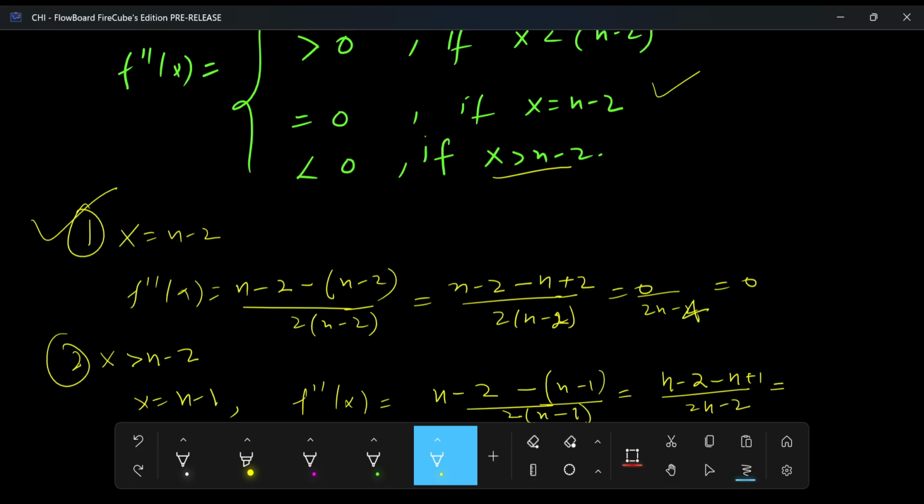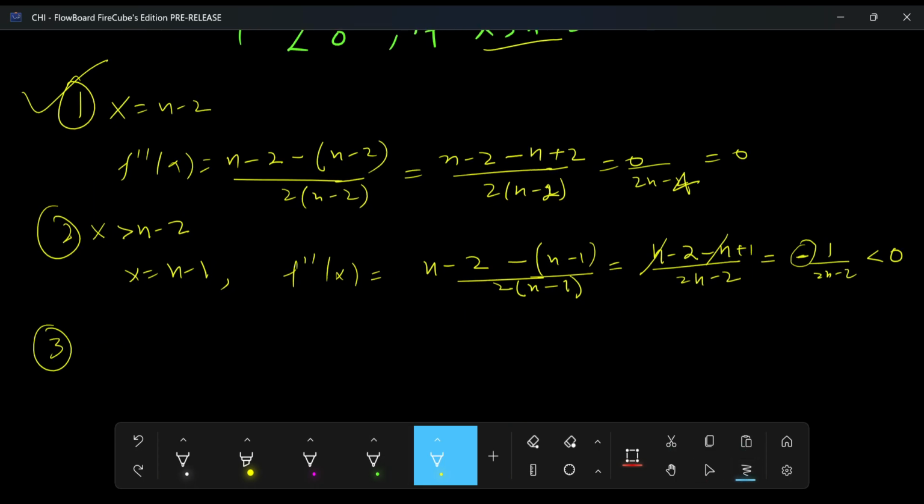This is equal to minus 1 by 2 n minus 2, which is less than 0. See, this is my negative. So overall this is negative. When x is greater than n minus 2, f double dash x is less than 0.